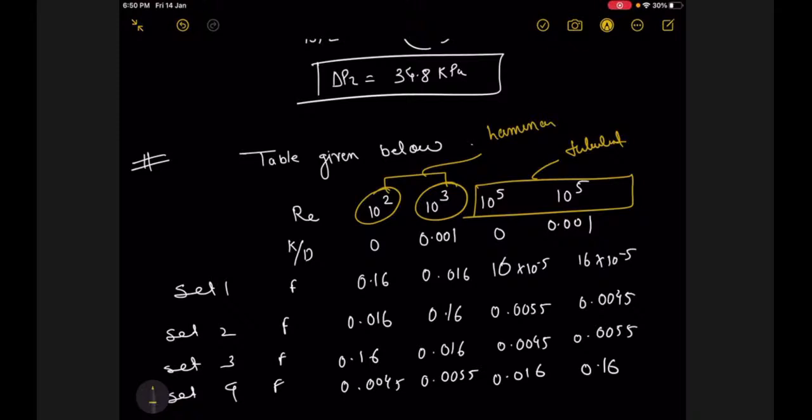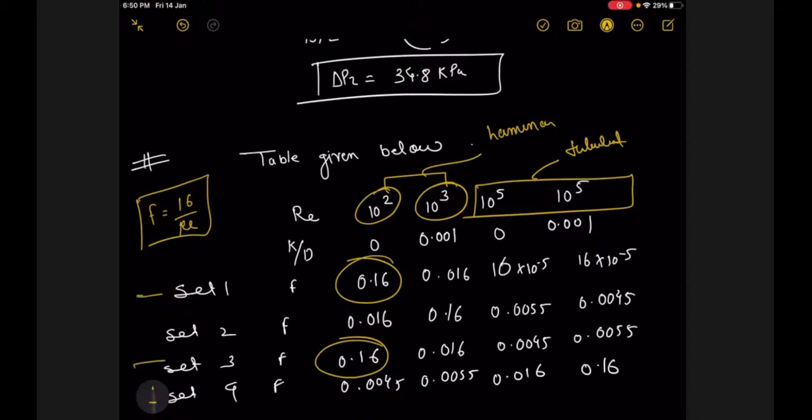So for laminar flow, F is directly written as 16 by RE. So if you see it is 16 by RE, then this is correct in set 1 or set 3. And this is also correct.